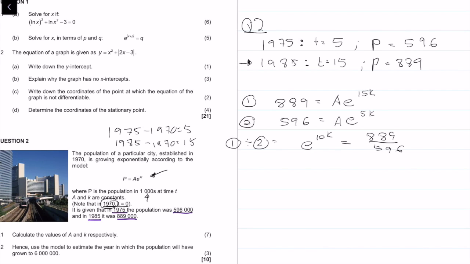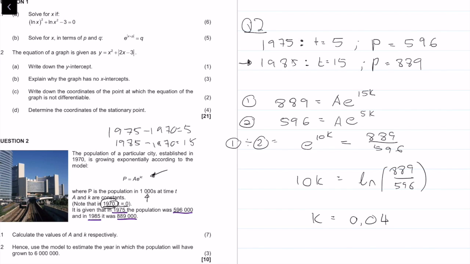Let's go over the process. Taking ln of both sides, I get 10k is equal to ln of 889 over 596. Solving for k, k is equal to ln of 889 divided by 596, divided by 10, and it's equal to 0,04.